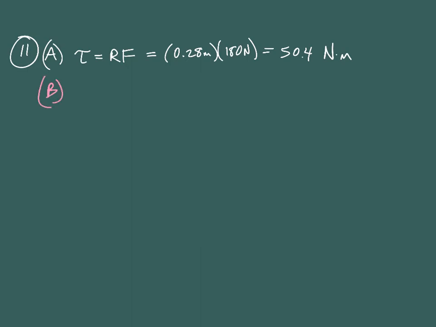Part B. What is the angular acceleration assuming negligible opposing friction? Obviously, this is telling me to sum all the torques, because that equals, according to Newton's second law, I alpha.